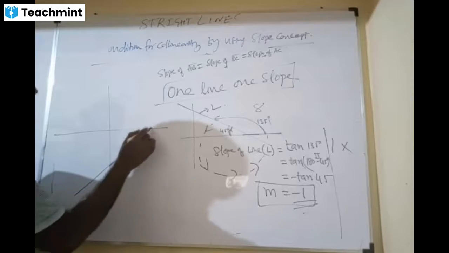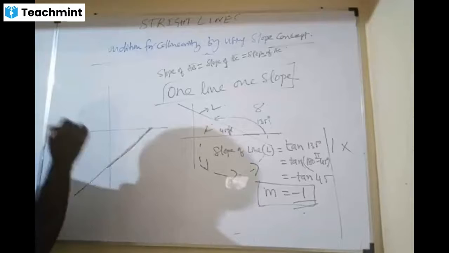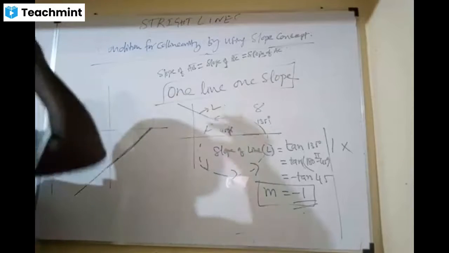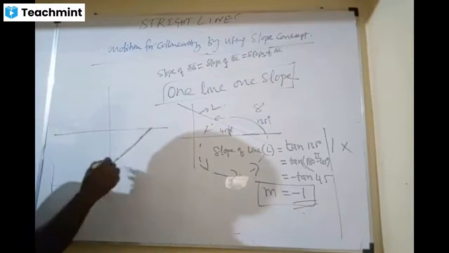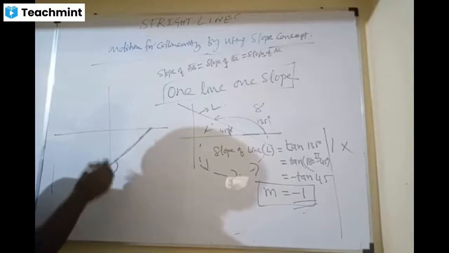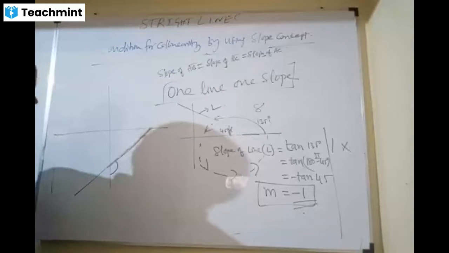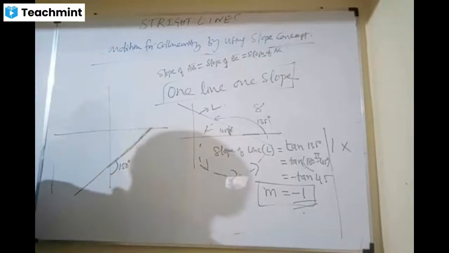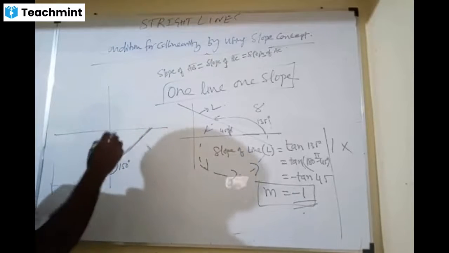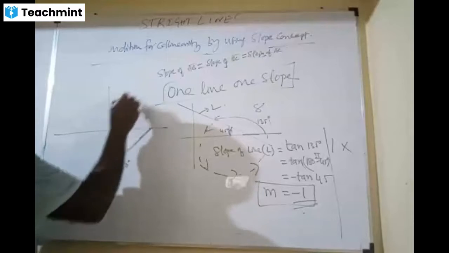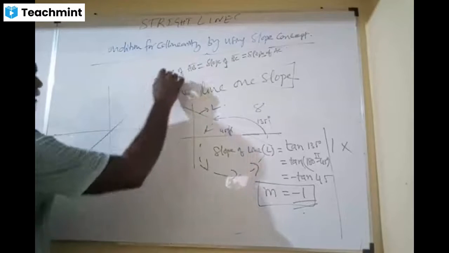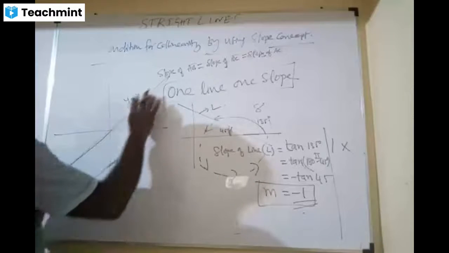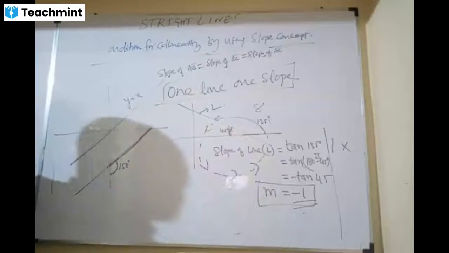I am giving this angle as 150 degrees. And I am giving one more line passing through the origin, whose equation is y equals x.